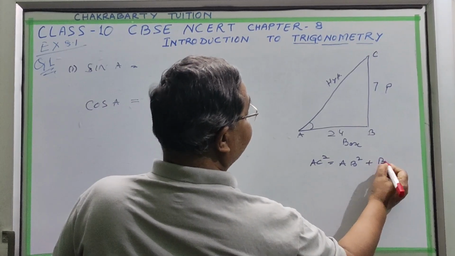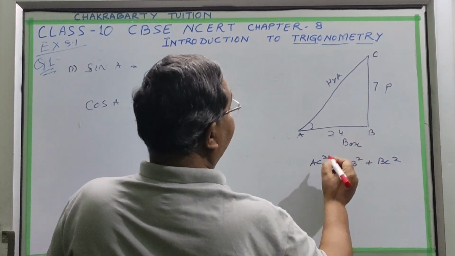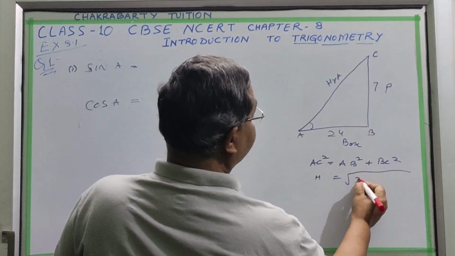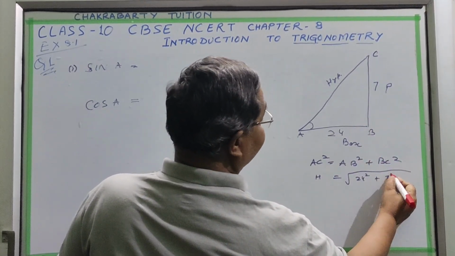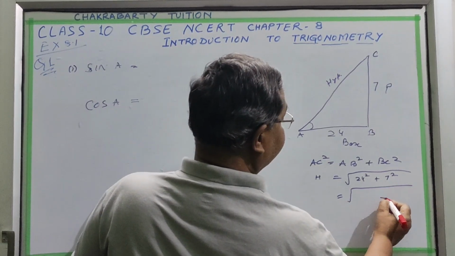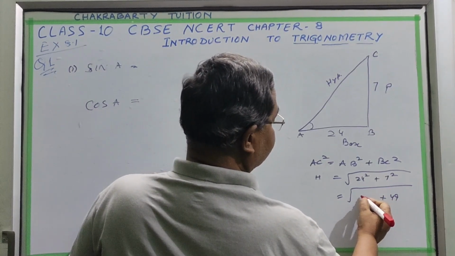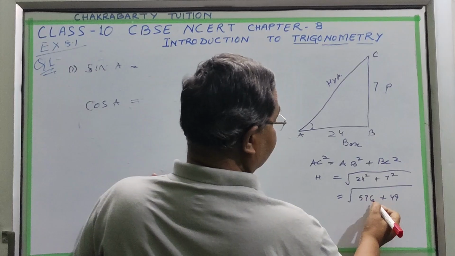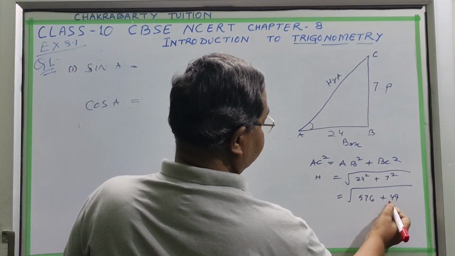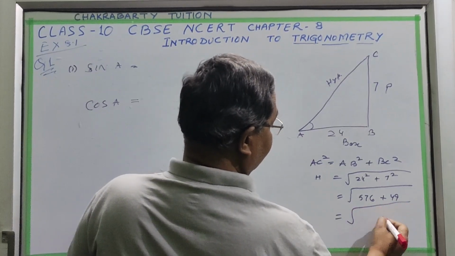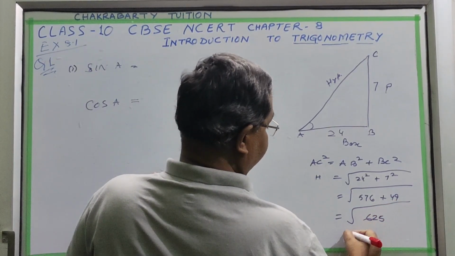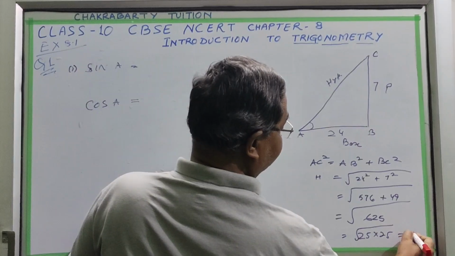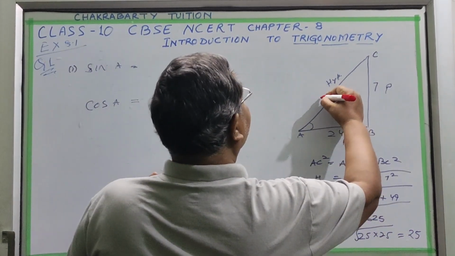So AC, the hypotenuse, is equal to under root of 24 square plus 7 square, which is 576 plus 49, equal to under root 625, which is 25. H is equal to 25. So this is your 25.